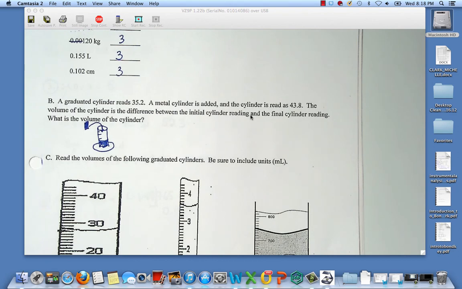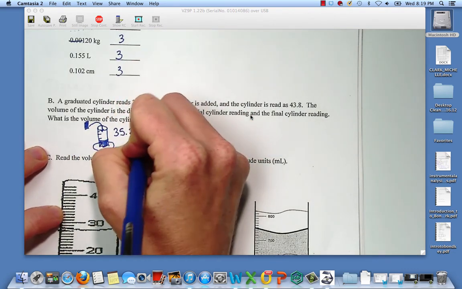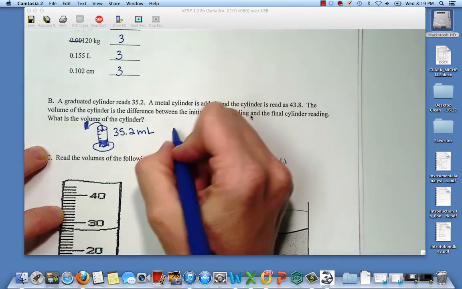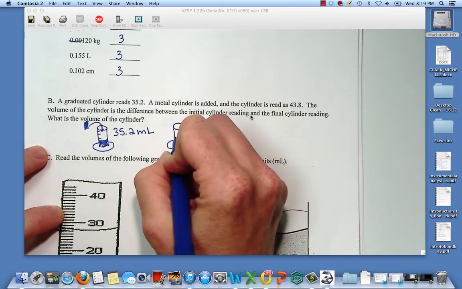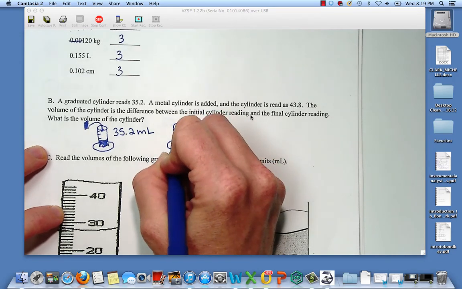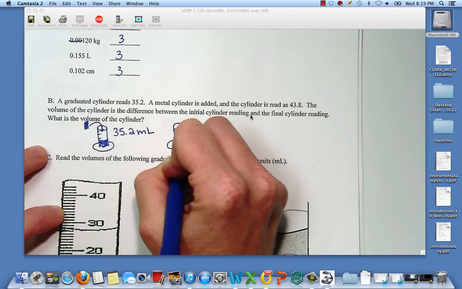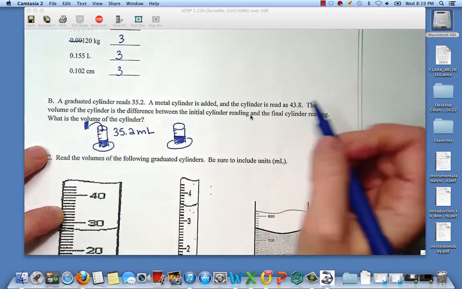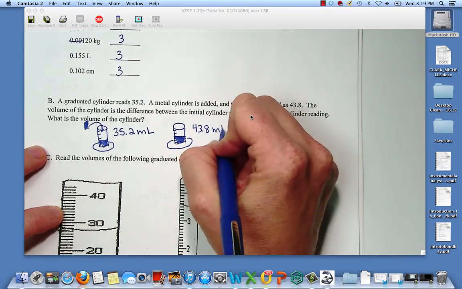What are the units? Milliliters, yes. So 35.2 milliliters. That's before. And then after, the graduated cylinder reads 43.8 milliliters.